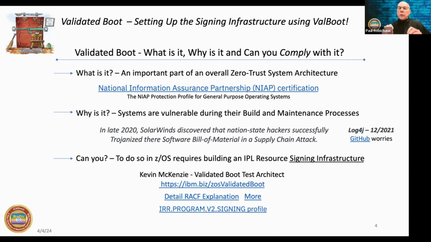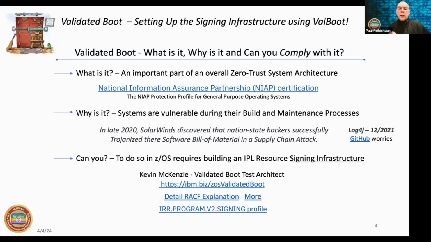The real seminal report here and the seminal work is from Kevin McKenzie, who is the Validated Boot System Architect. And I clearly recommend that document for a better understanding of all the details that revolve around validated boot. The document is 35 pages long, but it's definitely worth the read from A to Z. It will cover the entire picture.